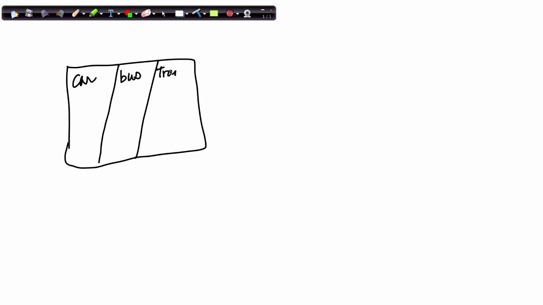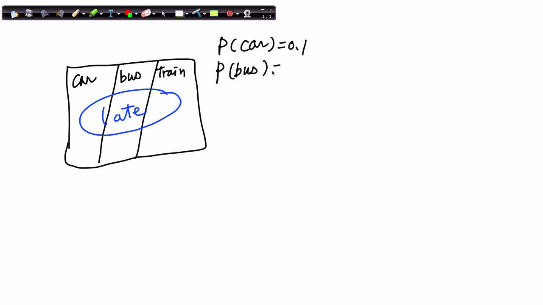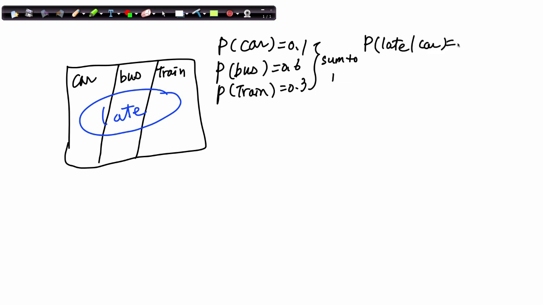We also have the information that N is late. From the problem description, we have the prior probabilities of the transportation modes. We also have the conditional probabilities that N is late given the 3 transportation modes.